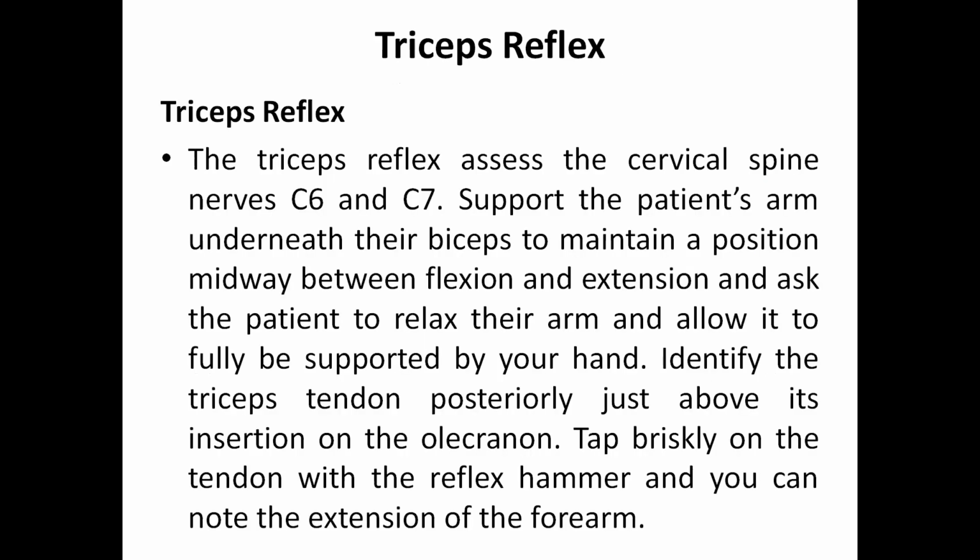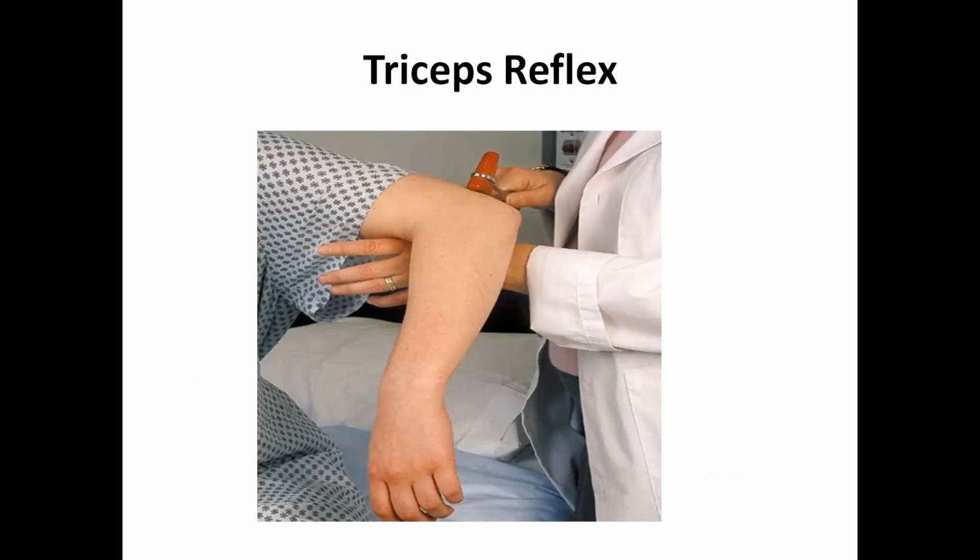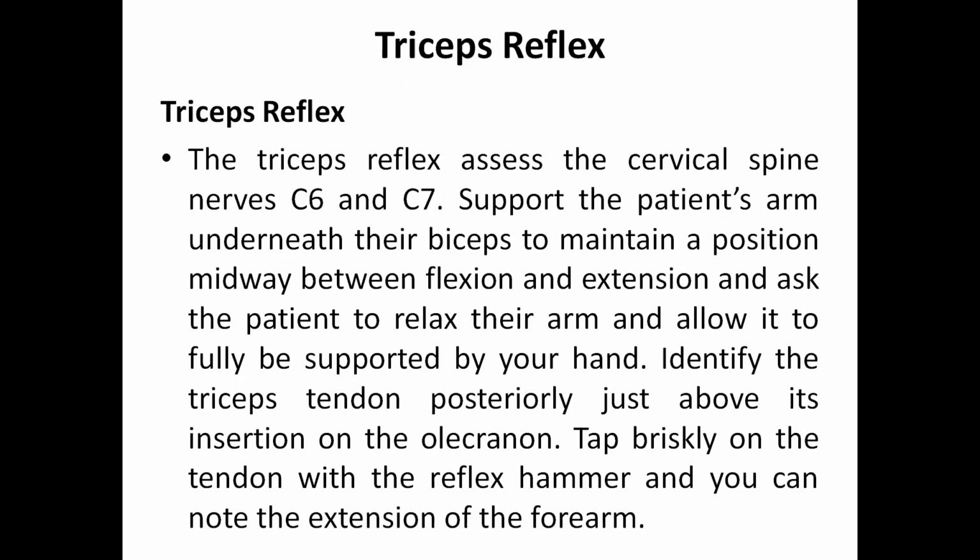Triceps reflex, the next reflex. This reflex assesses the spinal nerves C6 and C7. The procedure is: support the patient's arm underneath the biceps to maintain the position midway between flexion and extension like this, and ask the patient to relax their arm and allow it to be fully supported by your hand.